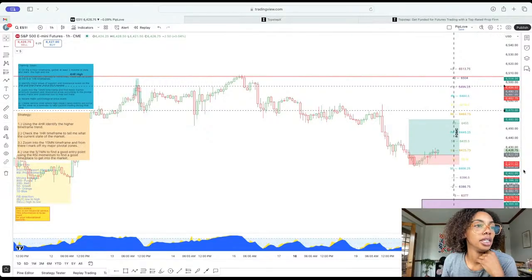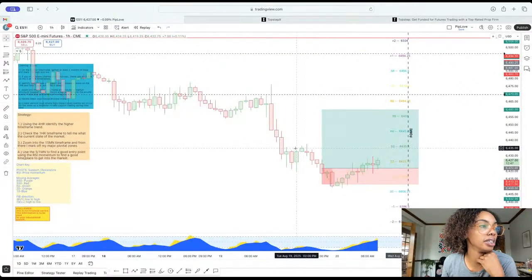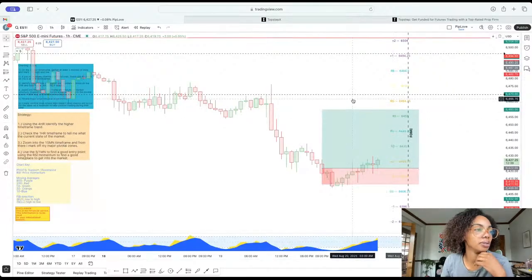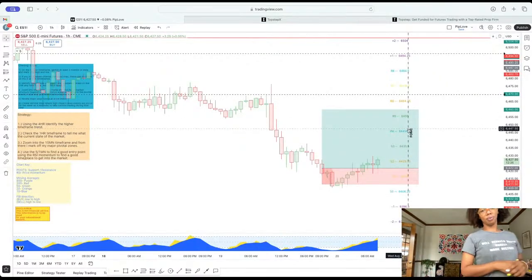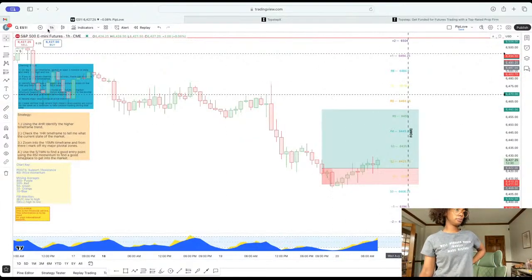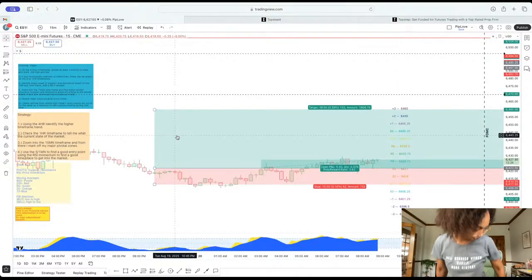So in this small pullback buy, if price breaks above 64.35, that's going to be another confirmation that we're in this little pullback here. So those are the areas that I'm looking for on the 1-hour time frame. Then from here, zoom into the 15-minute.